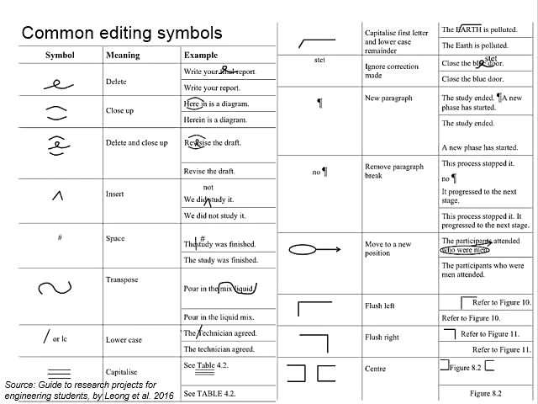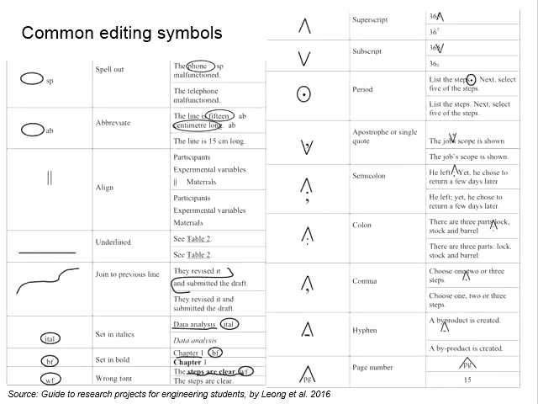You may get these symbols and the descriptions as well as the examples from the source here, which you can easily acquire from the internet, and you may learn them one by one progressively and then make it your habit in editing your technical writing or in reviewing the technical writings of your students. This will save you a lot of time and a lot of work to clarify the meaning of the comments given to the students or yourself.